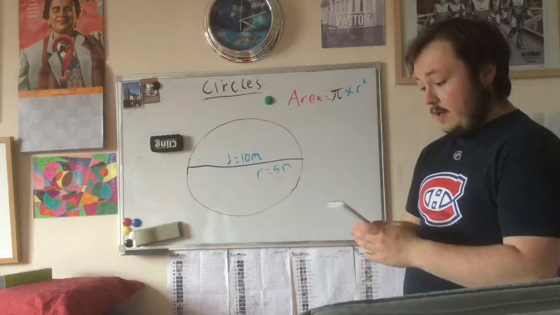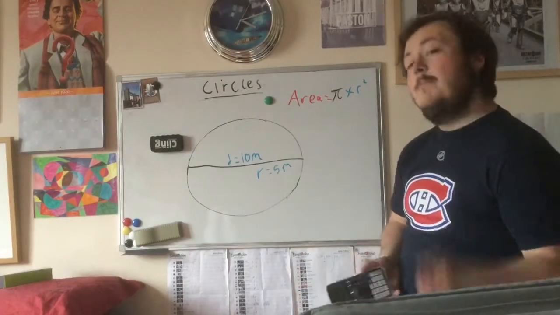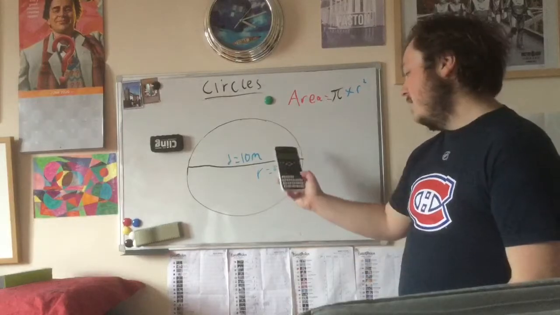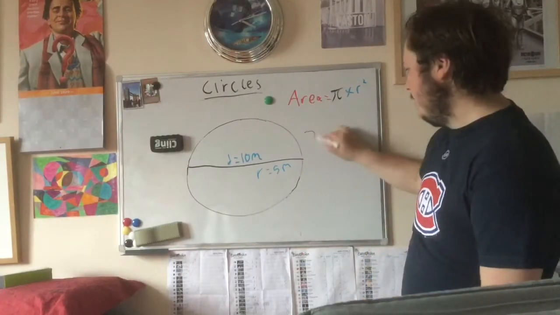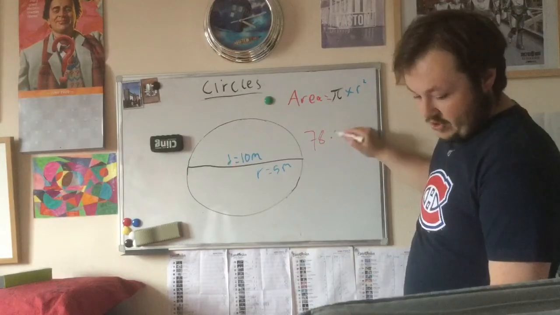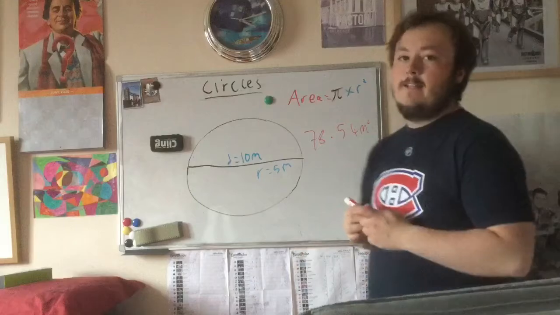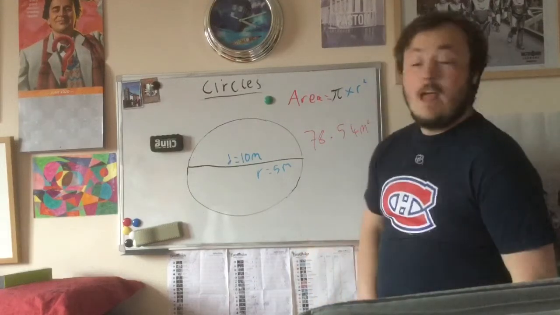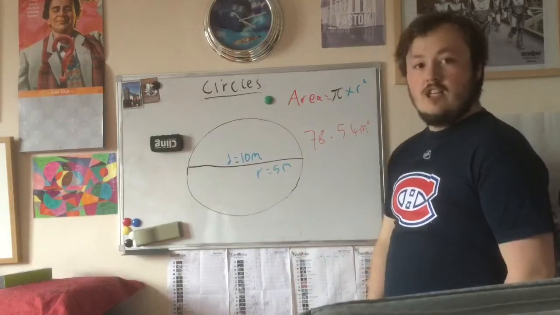So we do pi multiplied by 5 squared, which gets you 25 pi, but I want this one to 2 decimal places. So S to D, and you will get the answer 78.54 metres squared. Now, this is all you need to know to find the area. You just need to remember you do pi times the radius squared.